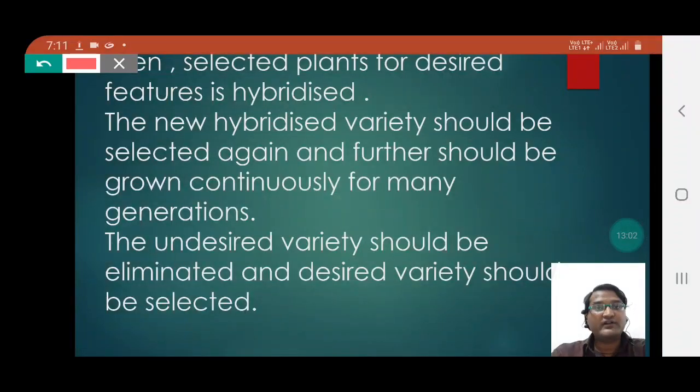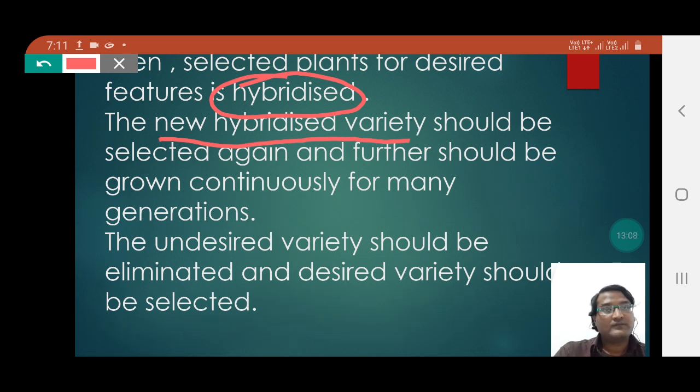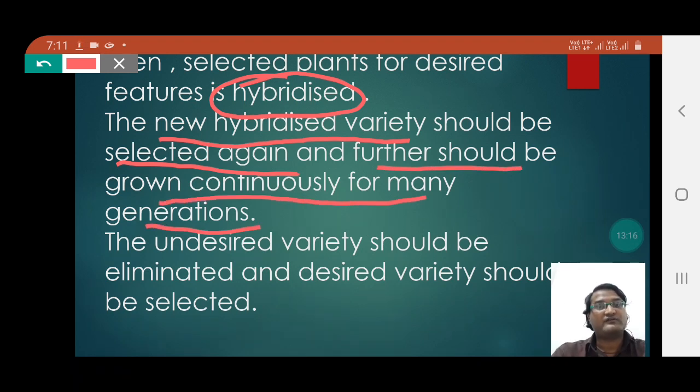Now students, here the new hybridized variety which has been obtained due to the hybridization process should again be selected and further should be grown continuously for many generations.